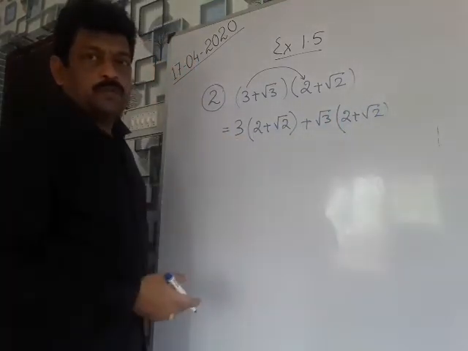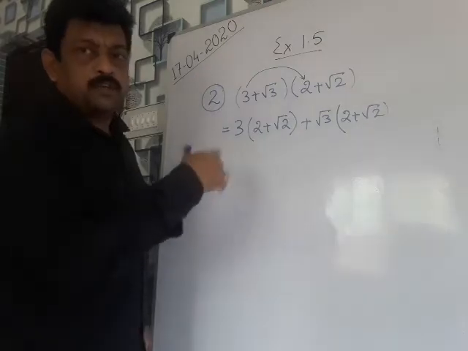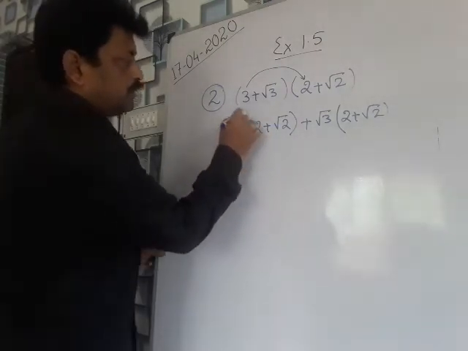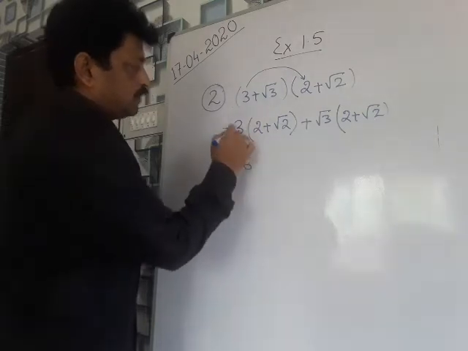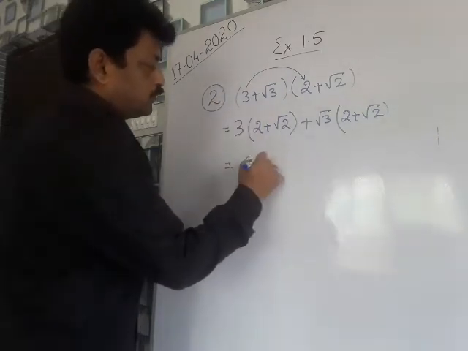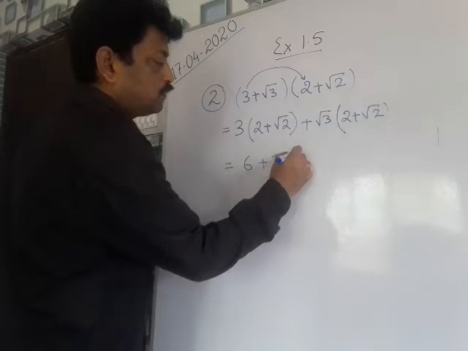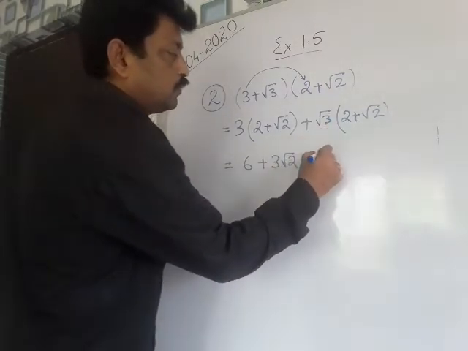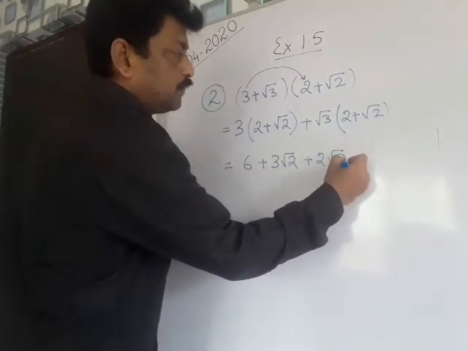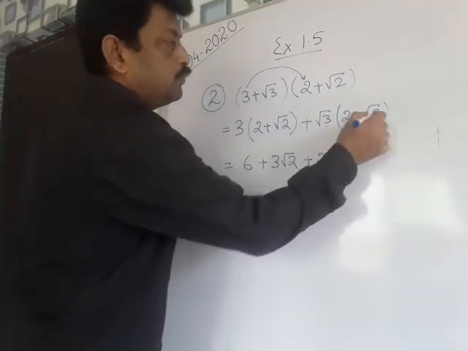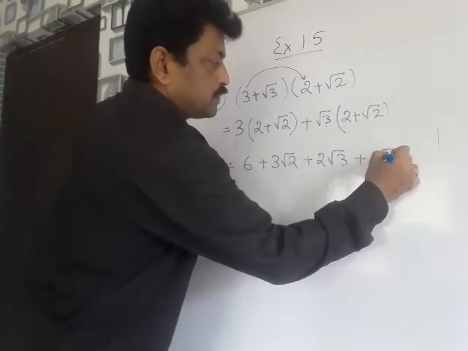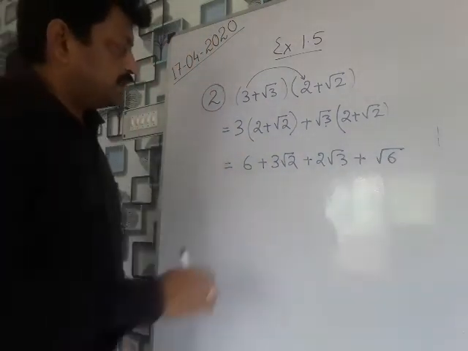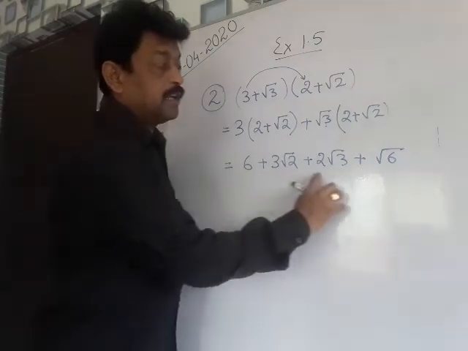Here we are following the rules of algebra, the addition and multiplication of algebra. So 3 twos are 6. 3 into root 2 is 3 root 2. Root 3 into 2 is 2 root 3. And root 3 into root 2 is root 6. Here we can see that all are unlike terms.